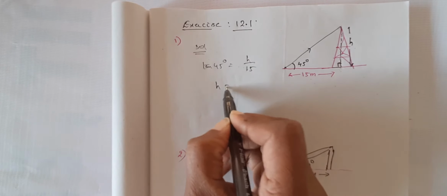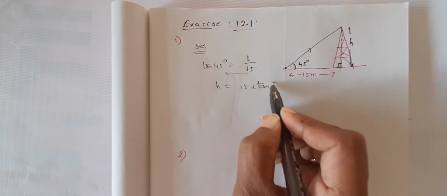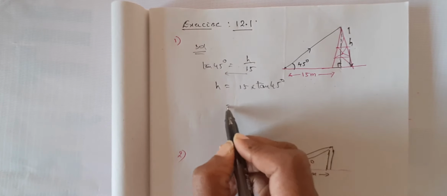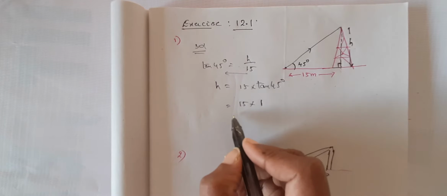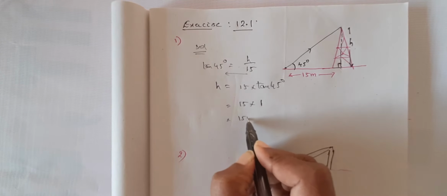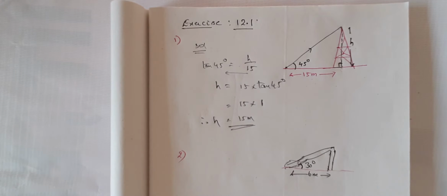Now height is equal to, by cross multiplication, 15 into tan 45. Tan 45 is 1, is it not? So that is equal to 15 meters. Therefore, height is equal to 15 meters. Note it down.